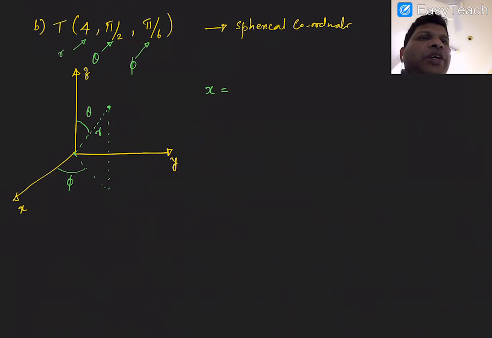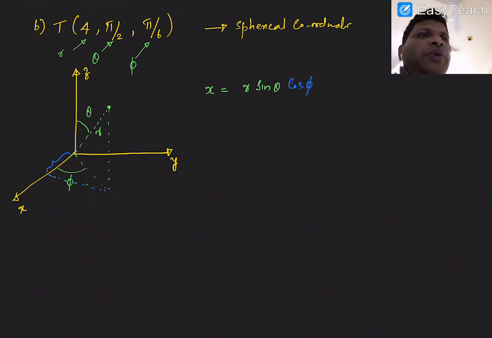So it is clear that if you want to find x, you have to first project this point on the xy plane. So it is r times sine theta, then you have to project on the x-axis, that means into cos phi.